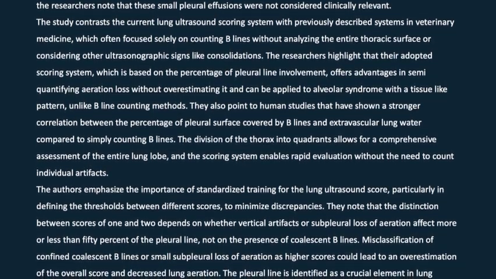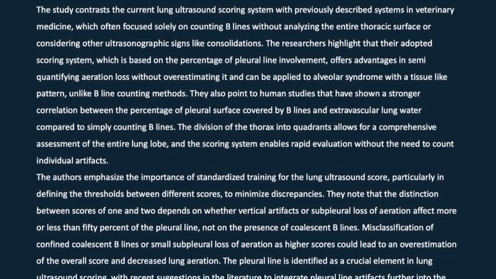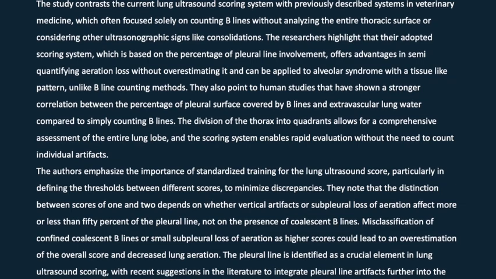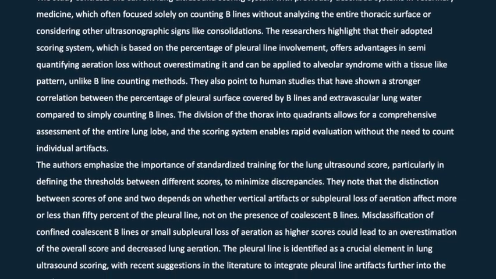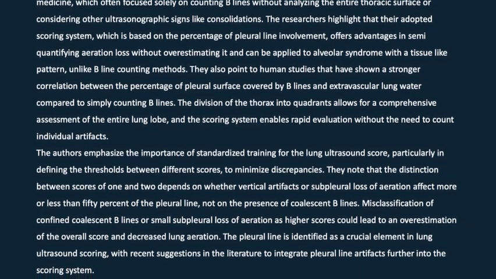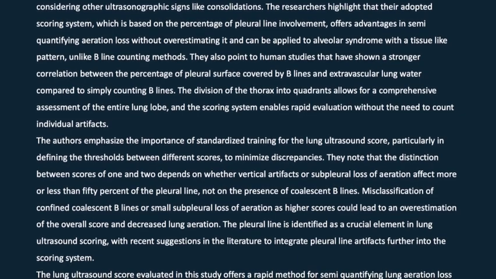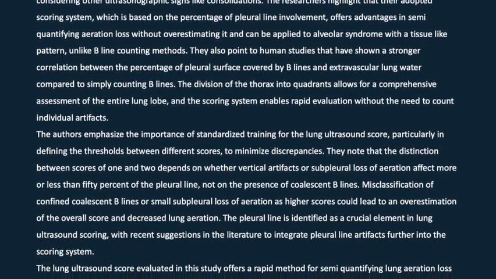The division of the thorax into quadrants allows for a comprehensive assessment of the entire lung lobe, and the scoring system enables rapid evaluation without the need to count individual artifacts. The authors emphasize the importance of standardized training for the lung ultrasound score, particularly in defining the thresholds between different scores to minimize discrepancies.